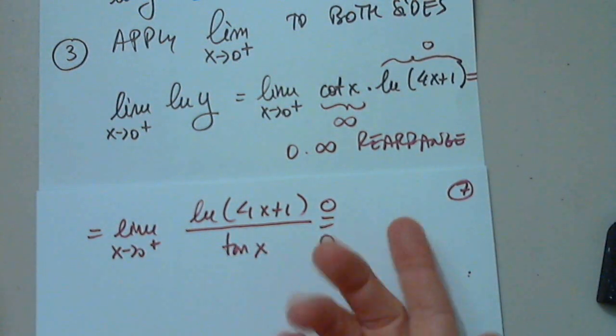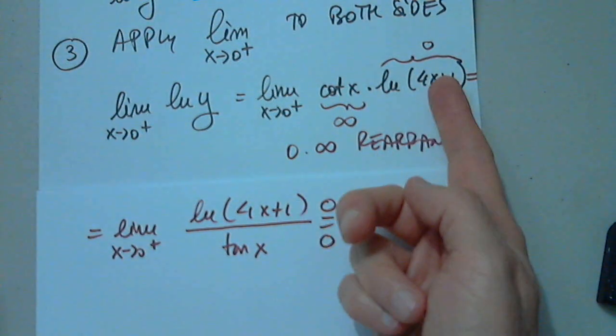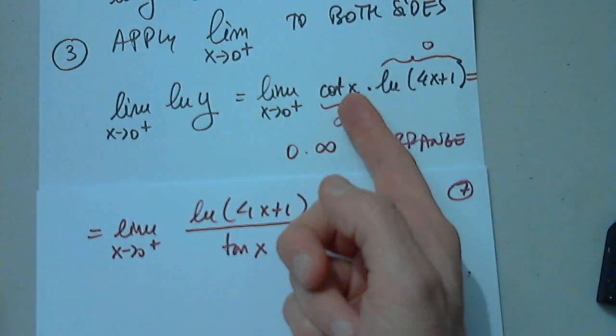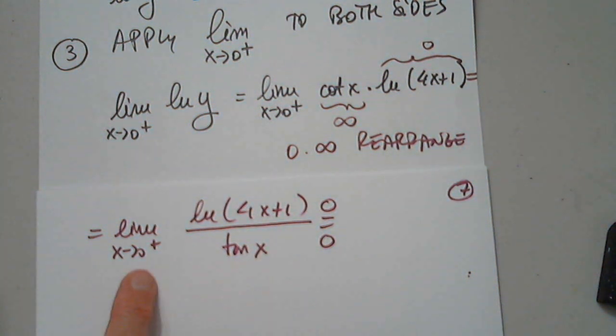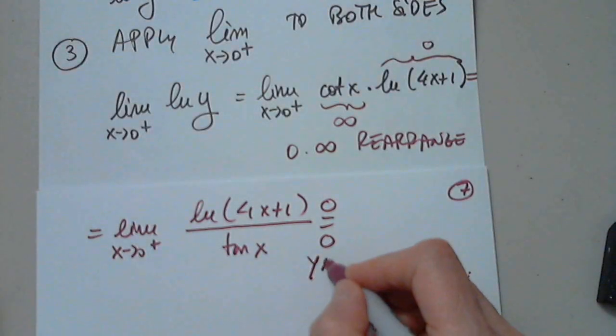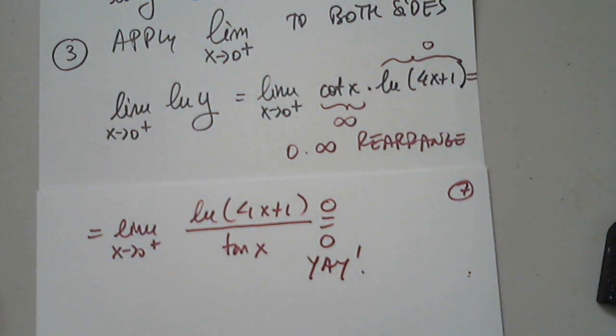We already know the natural log goes to 0. That didn't change. And replacing cotangent by 1 over tangent, tangent x approaches 0. Yay! Why? Because now I can apply L'Hopital's rule.